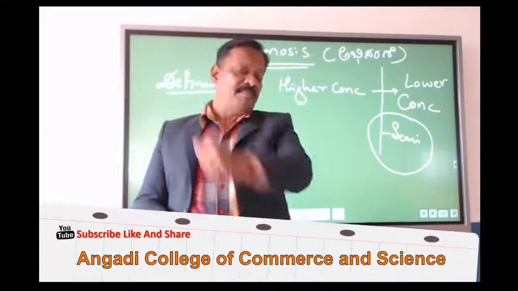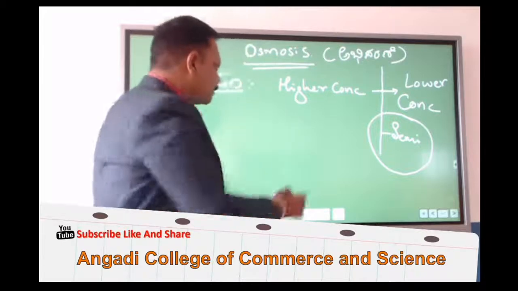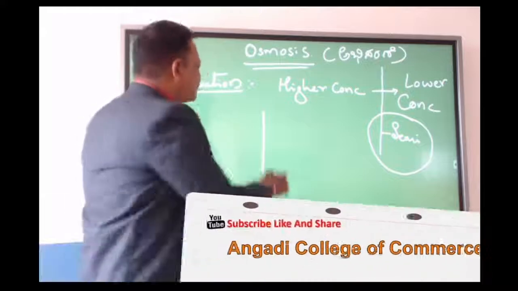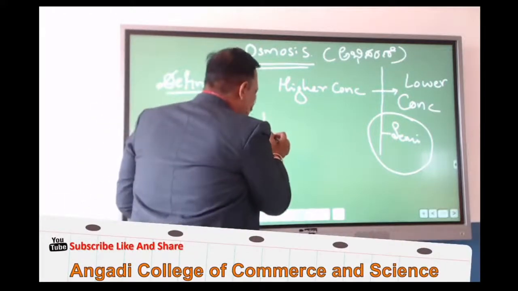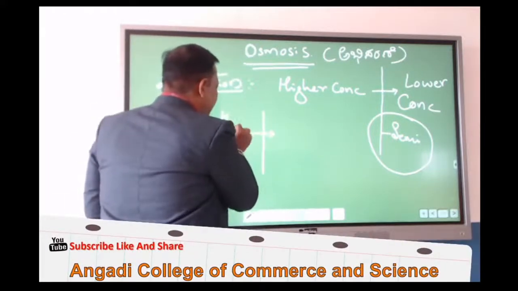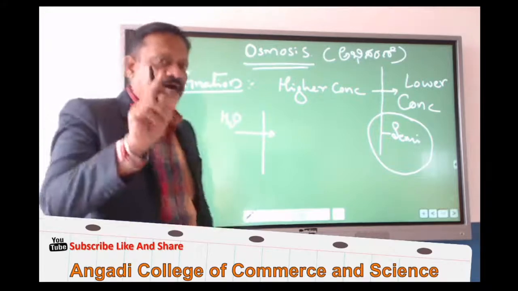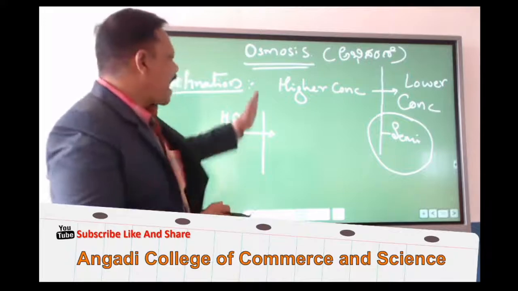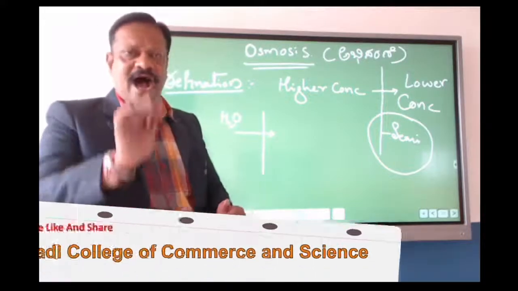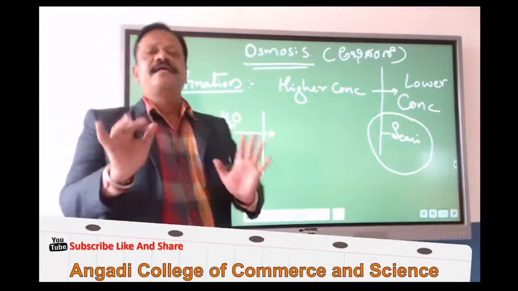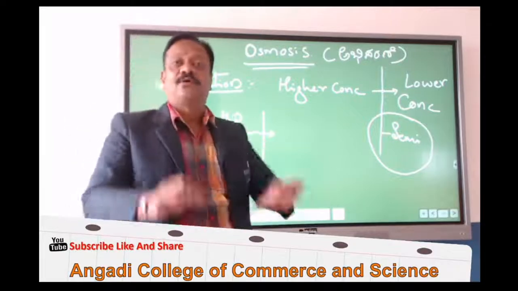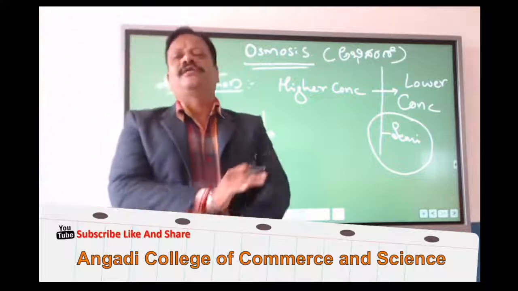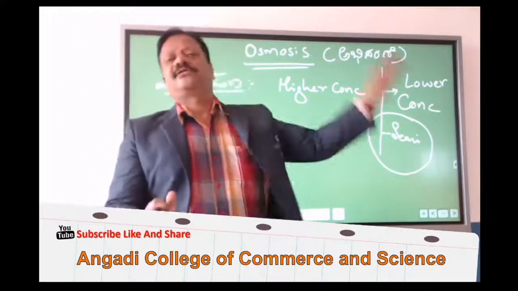Then what is this semi-permeable membrane? See, any membrane which allows only water to pass through it. ಈಗ ಯಾವುದೇ ಒಂದು ಮೆಂಬ್ರೇನ್ ಅನ್ನು ತಗೊಳ್ರಿ, ಆ ಮೆಂಬ್ರೇನ್ ಏನ್ ಮಾಡಬೇಕು, ಬರೀ ನೀರನ್ನ ಮಾತ್ರ ತನ್ನ ಮೂಲಕ ಹಾಯ್ದು ಹೋಗ್ಲಿಕ್ಕೆ ಕೊಡಬೇಕು. ನೀರನ್ನ ಹೊರತುಪಡಿಸಿ ಬೇರೆ ಯಾವುದೇ ಮಾಲಿಕ್ಯೂಲ್ಸ್ ಅದರಿಂದ ದಾಟಬಾರದು.